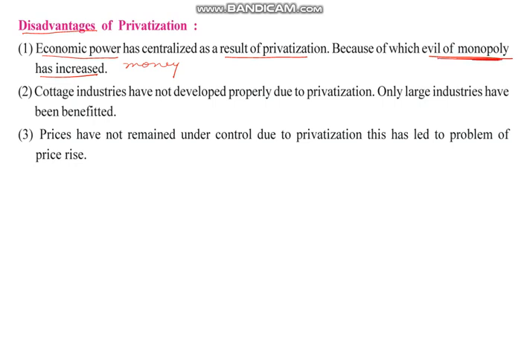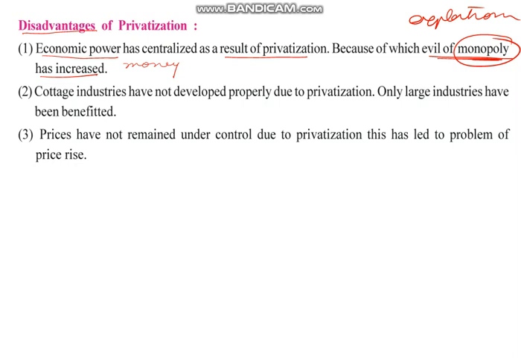Monopoly, as I already told you, is when a company or a person is producing things exclusively. You cannot get those things at other places. Wherever there is monopoly, there is exploitation of the consumers.